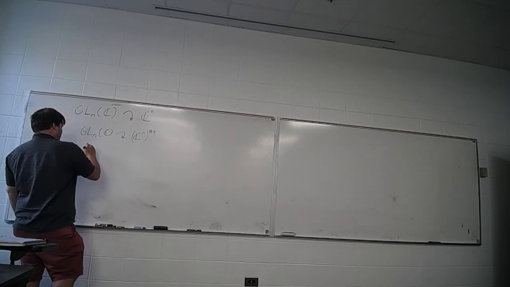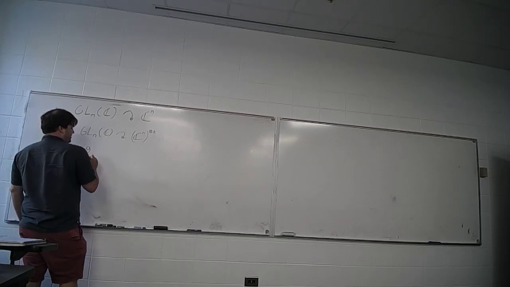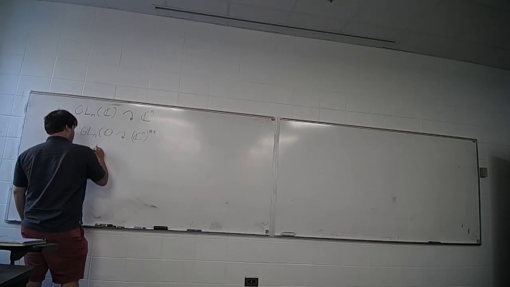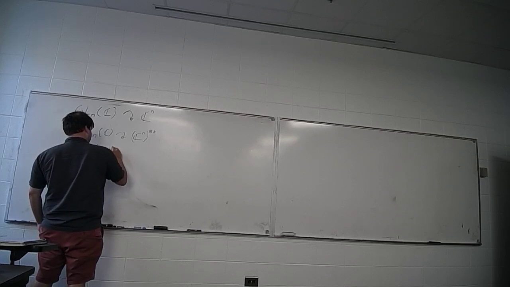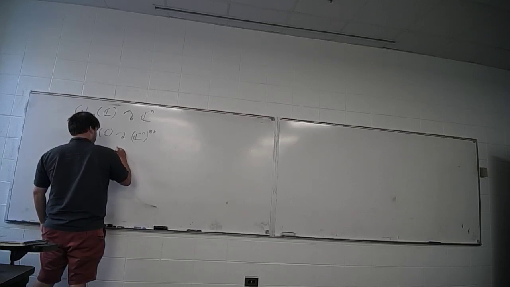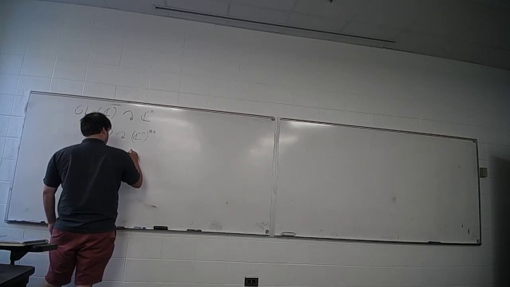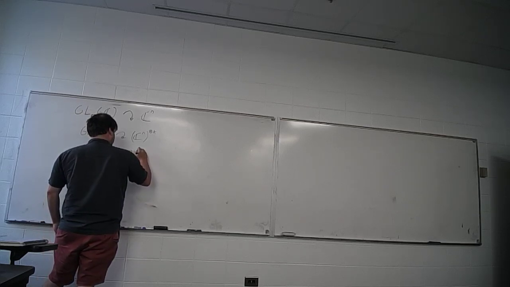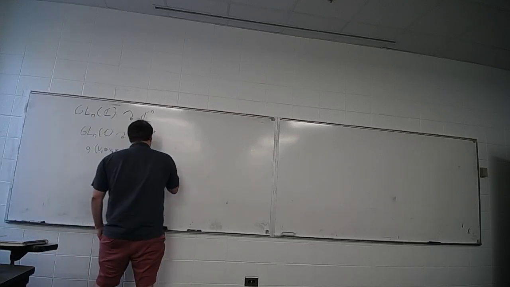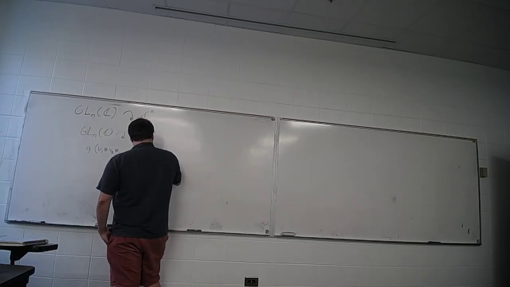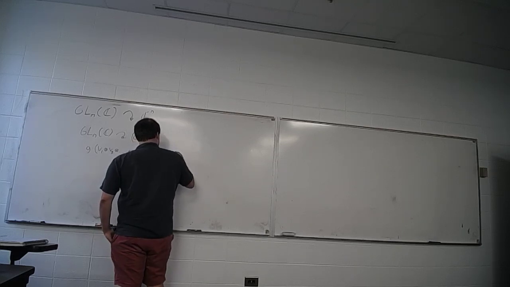It acts by some element g in GL_n times a tensor product of vectors v_1 tensor v_2 tensor ... tensor v_k. We're just going to act on the parts separately, independently: g v_1 tensor g v_2, and so on.